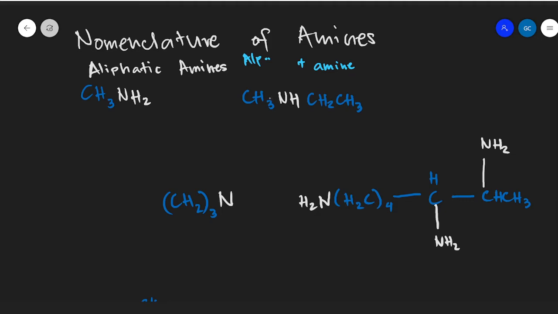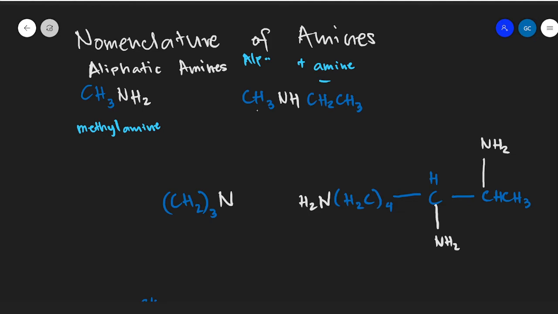For this one, since we only have one carbon atom, and as you may remember, this is methane, when we attach it to another name we write it as methyl, and then we add amine, so we have here methylamine. Just to be clear, as you may remember, there is no space there. It looks like there is, but there isn't. So we have methylamine.